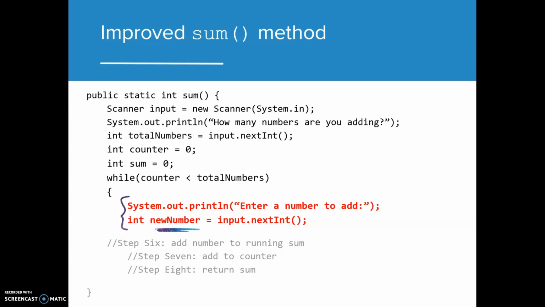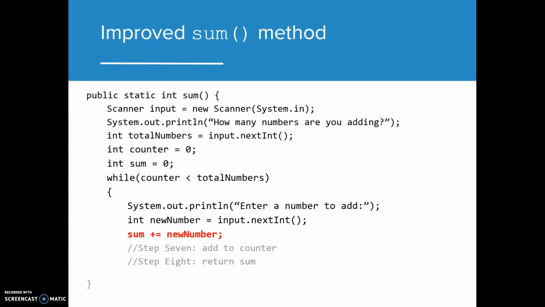We'll read that number in, and we're just going to create a temporary variable that we will use over and over. I will add this temporary variable to my sum. Notice that I need to initialize my sum as 0, and I have to do that outside the loop, so that way it starts as 0, but then inside the loop, I just keep on adding to it. I don't reset it.